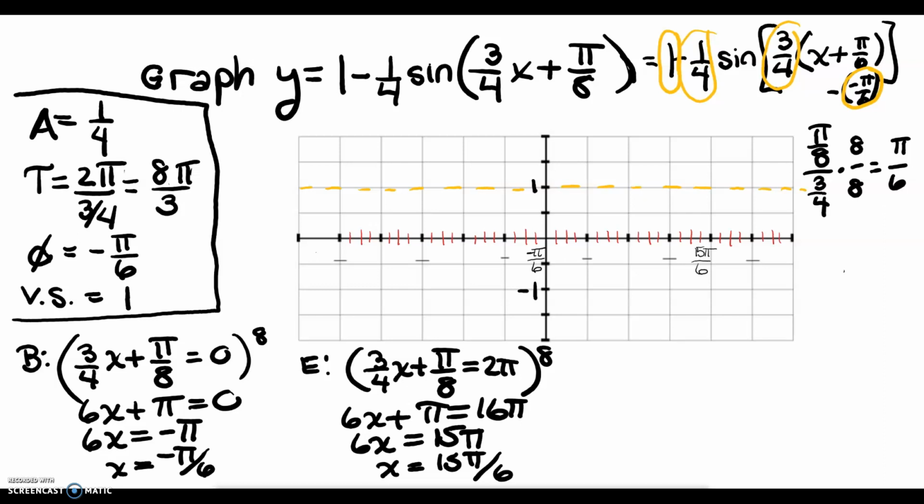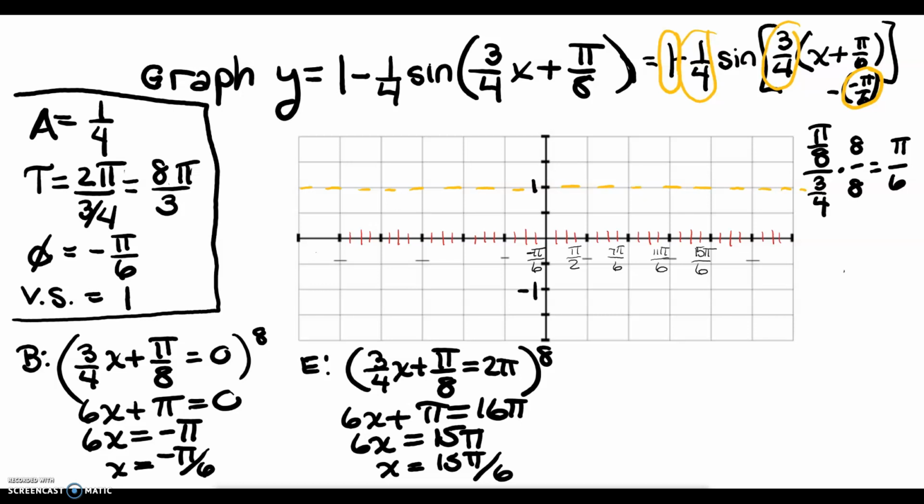All right, so halfway in between, since there's 16 separating, that'll be 8. So this is going to be 7 pi over 6. And then if I find the quarter and 3/4 marks, this is going to be 3 pi over 6 or pi over 2. And this is going to be 11 pi over 6.